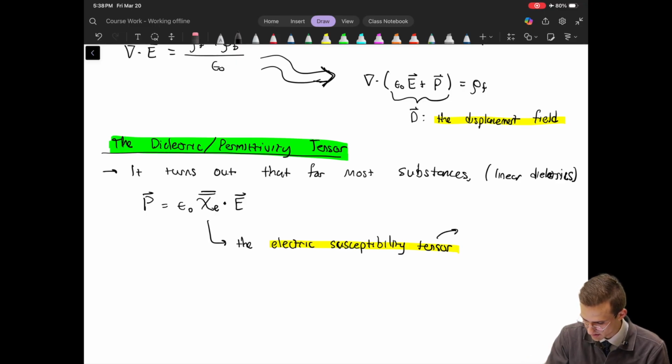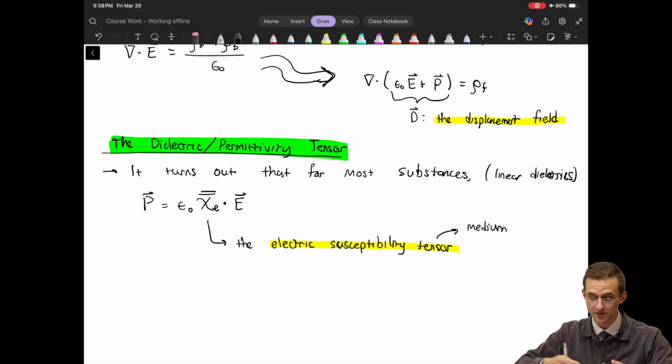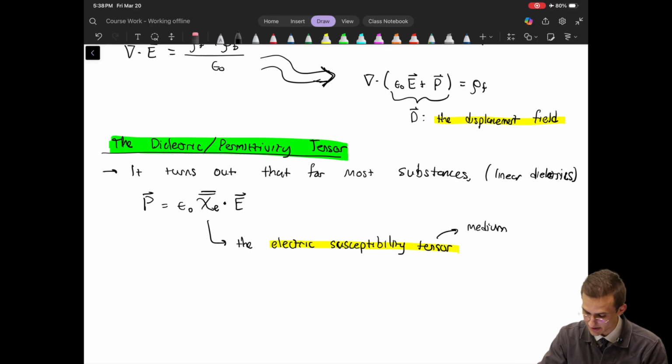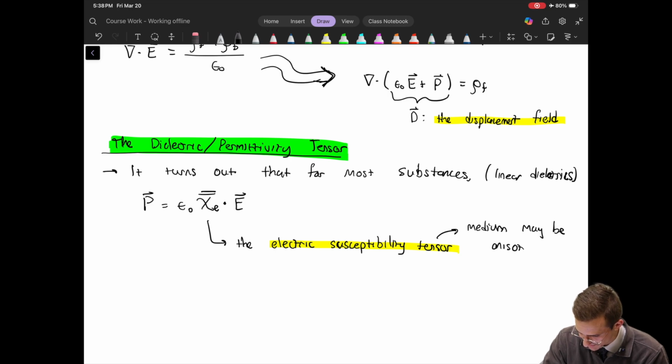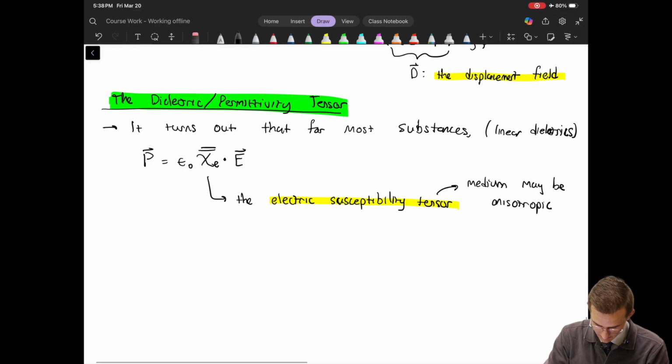Meaning it might behave differently depending on which direction you're looking at it, or which direction the B field or the E field is pointing that interacts with it, right? So the medium may be anisotropic. And this is important for our class here because magnetized plasma is anisotropic.